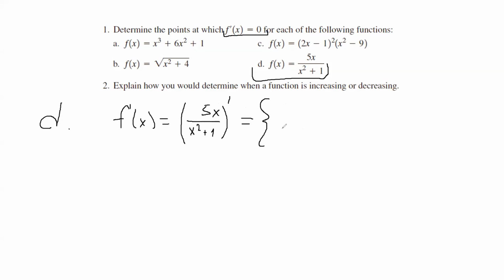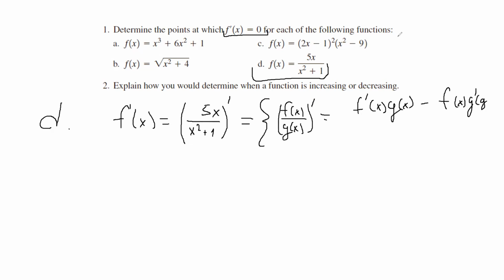Let me remind you how it looks. We have a function that looks like f of x over g of x, and we differentiate it. It would be equal to f prime of x times g of x, subtract f of x times g prime of x, over g of x squared.